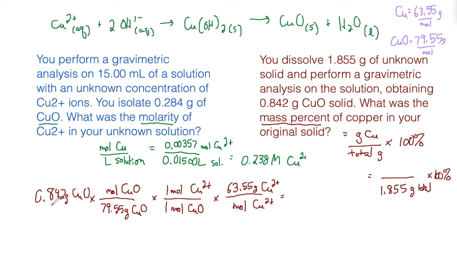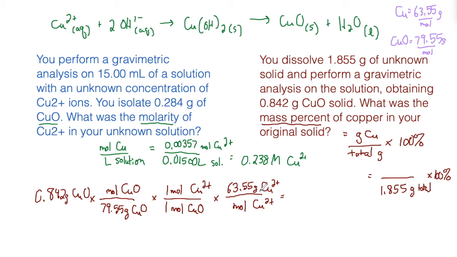All right, our 0.842 grams of copper 2 oxide can be converted to moles using the molar mass. Then there is a 1-to-1 ratio of 1 mole of copper 2 oxide for every mole of copper 2 ions. If you want to add in an extra step saying that there's 1 copper atom for every copper 2 ion that is in the solid, that's okay.